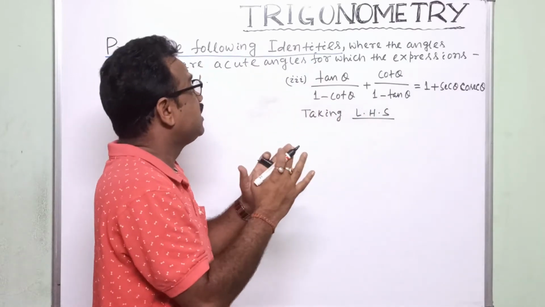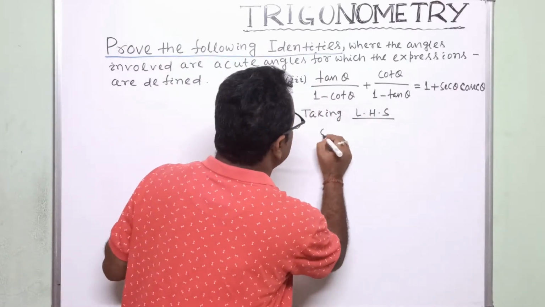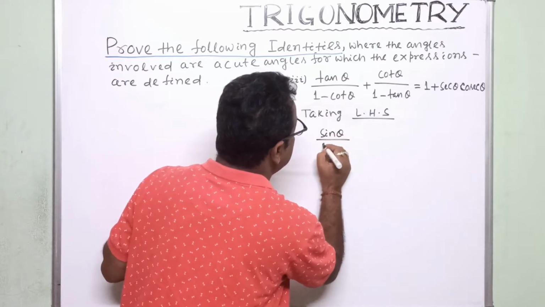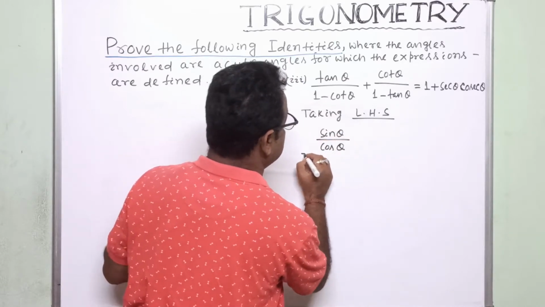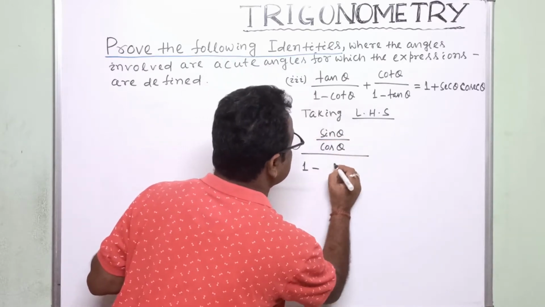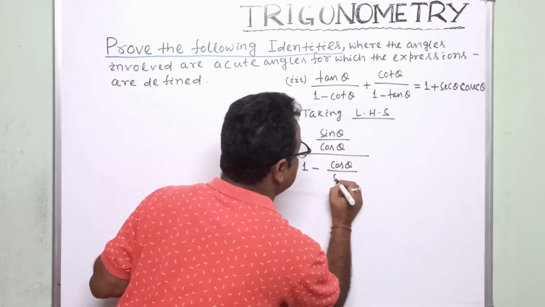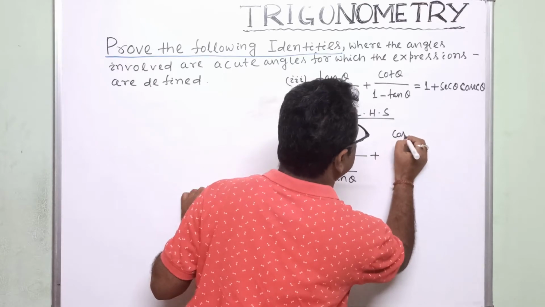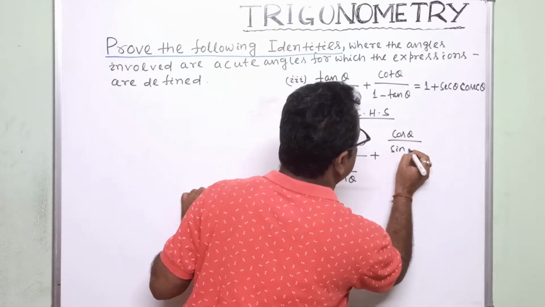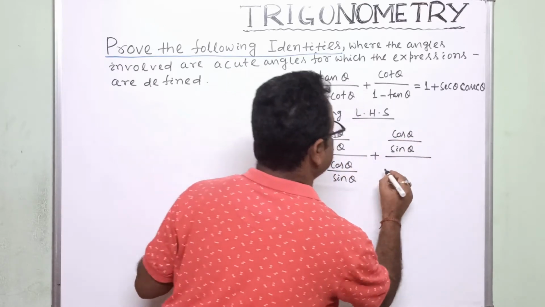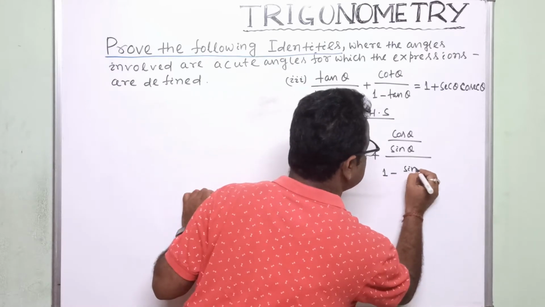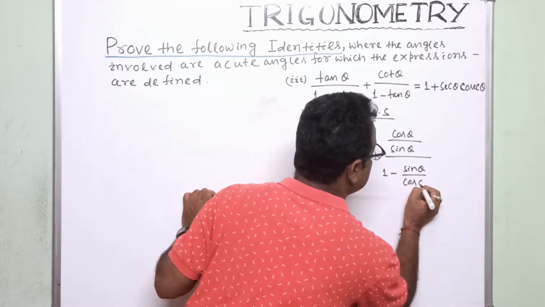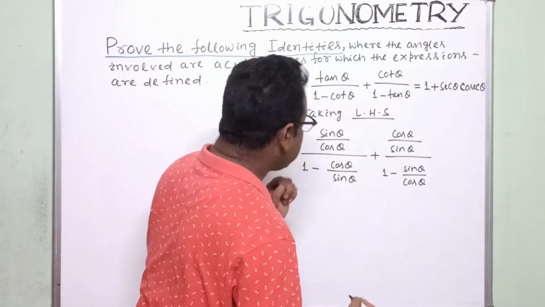So directly we will break it: sin theta by cos theta by (1 minus cos theta by sin theta), plus cos theta by sin theta divided by (1 minus sin theta by cos theta).